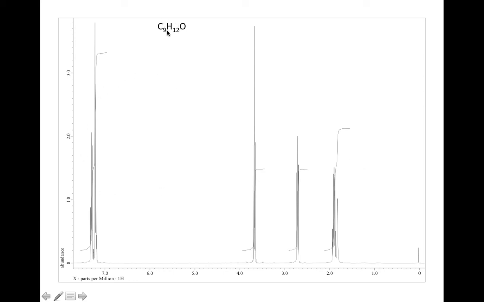And then in a problem like this, you're told that there are 12 total hydrogens. So once you take these integrations and start to break them out, you'll want to make sure that they add up to a total of 12 hydrogens. So that'll be one job. So get these integrals, get the relative amounts, and then try to figure out how many hydrogens are in each part of the spectrum.